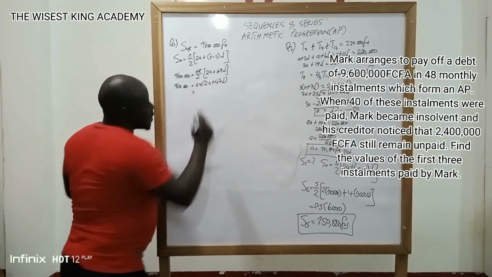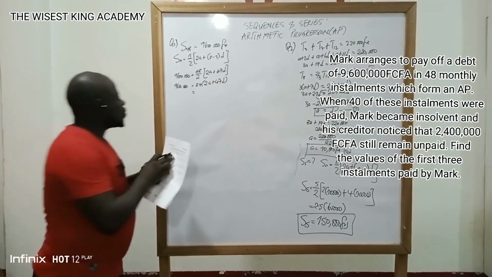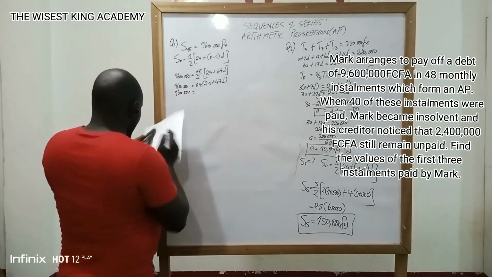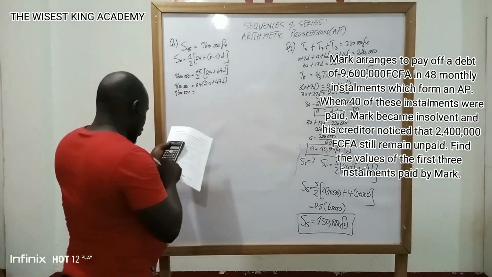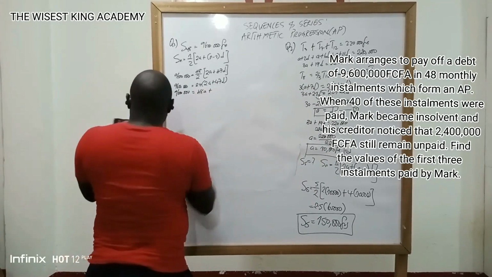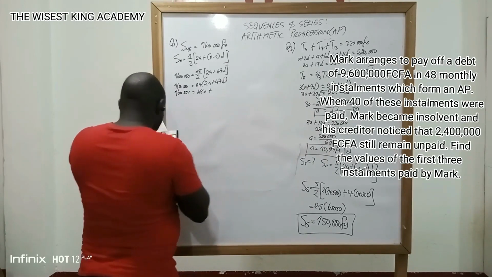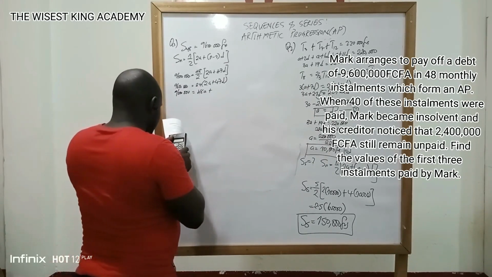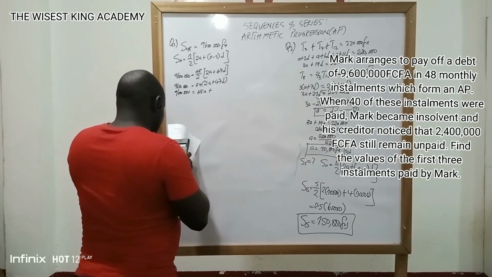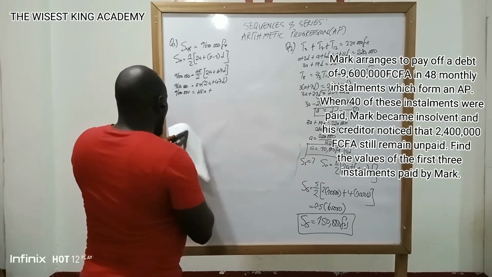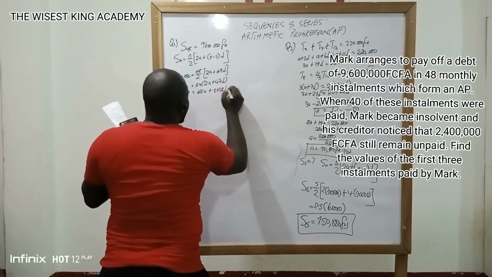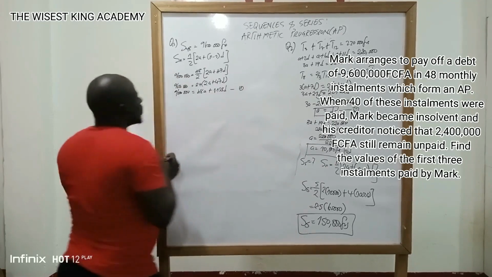Let's expand the bracket. 24 times 2 is 48, so 48a plus 24 times 47, which is 1,128d. This is our equation 1.